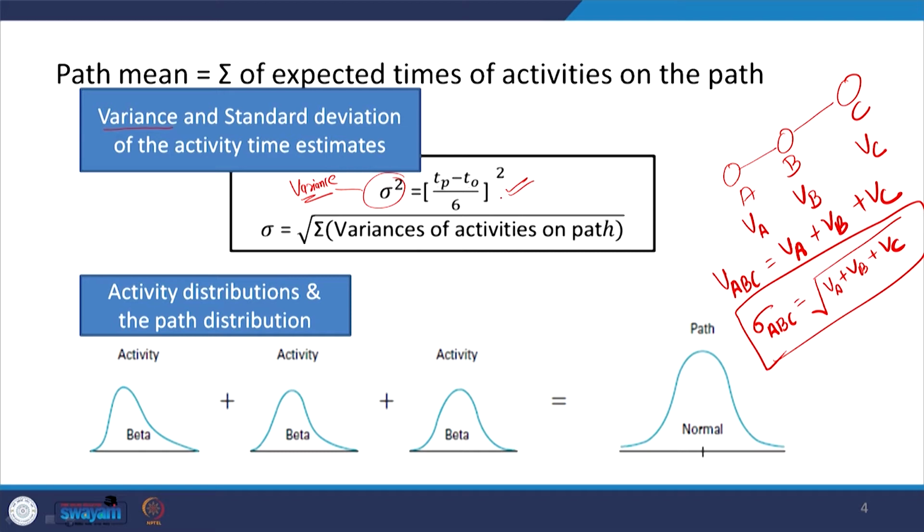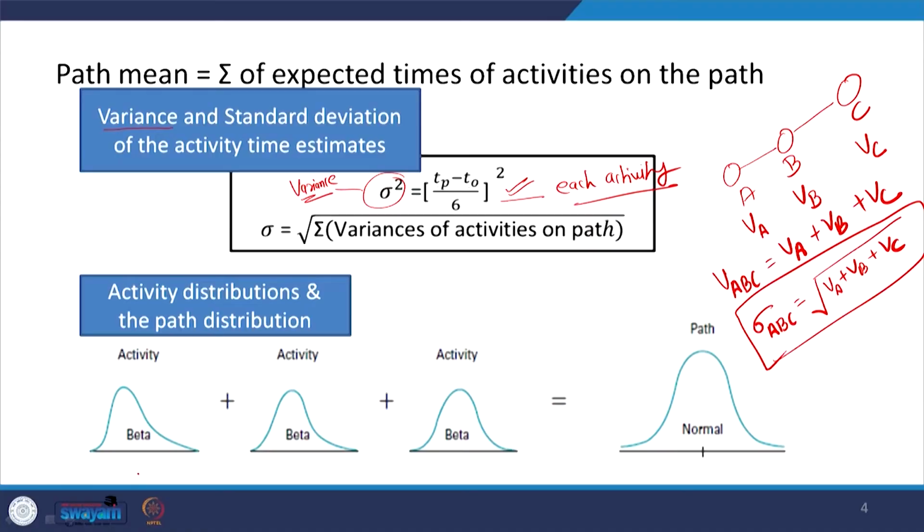So, you calculate the variance of each individual activity, and then we add the variances of activities on a particular path, take the square root of that, and then you calculate the standard deviation of that particular path.